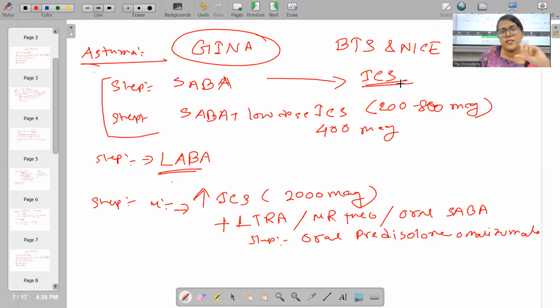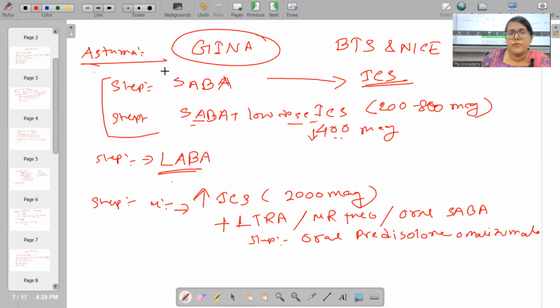If the patient is still symptomatic, then increase the dose to 400 mcg and add a SABA, okay? This is the only change. Apart from that, all the other changes in steps 3, 4, 5 are normal. Just, yes, inhaled corticosteroid nowadays has been suggested to start from step 1, okay?